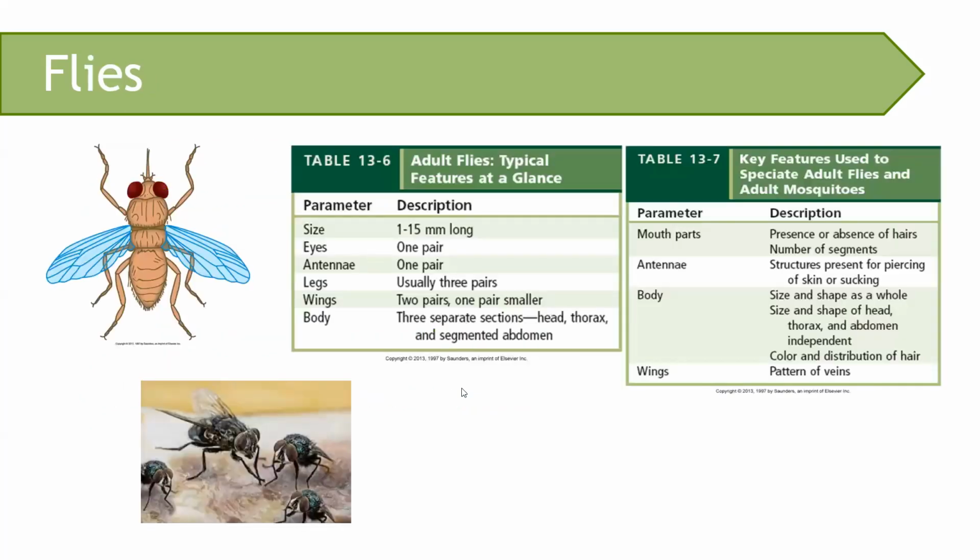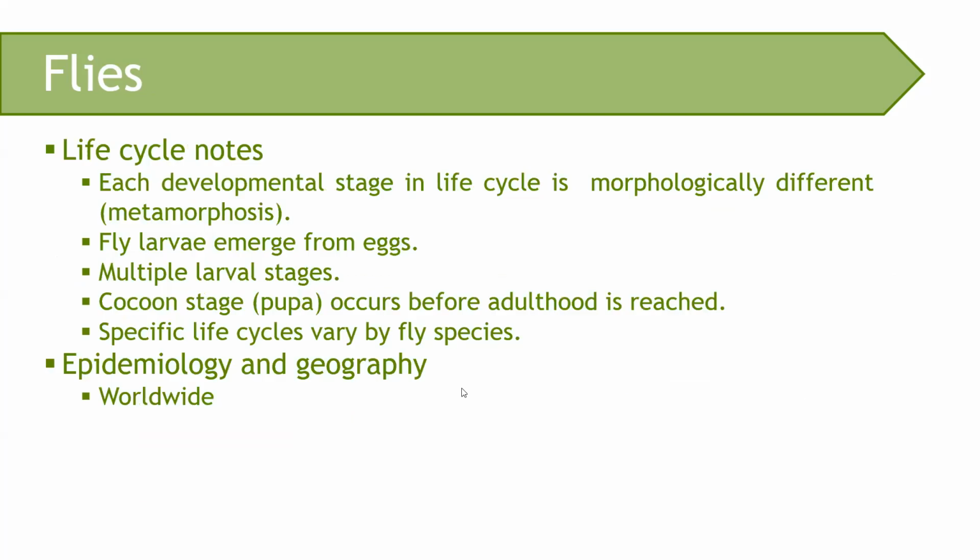Well, of course, flies, as we all know naman, can also transmit parasites. However, if we are going to compare the features of fleas and mosquitoes, they are almost the same. Okay? So we have here your life cycle. Each developmental stage in the life cycle is morphologically different in terms of its metamorphosis. Now, cocoon occurs before adulthood is reached.